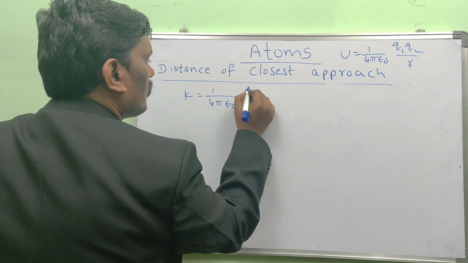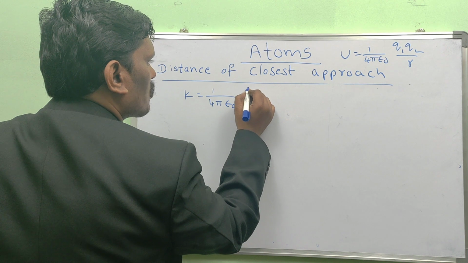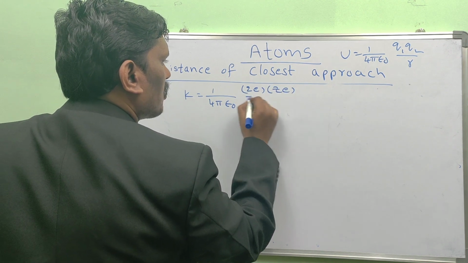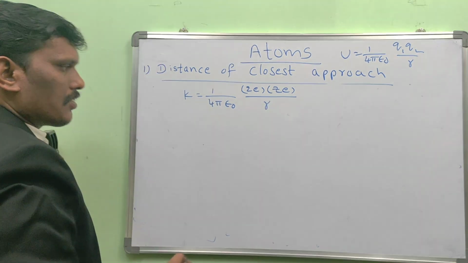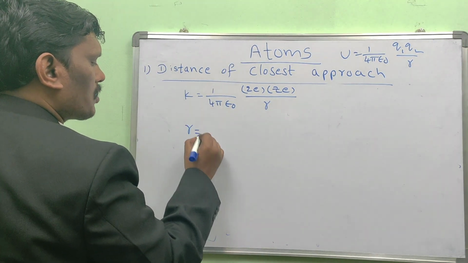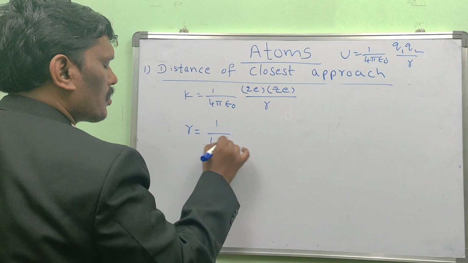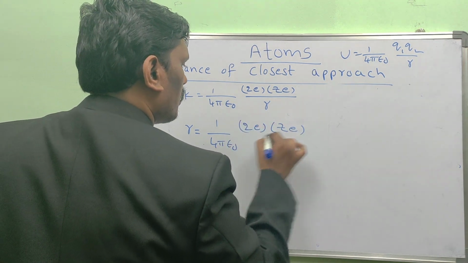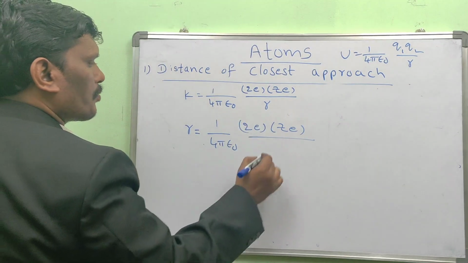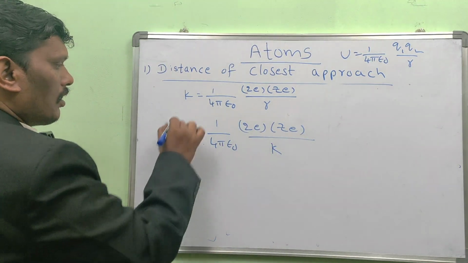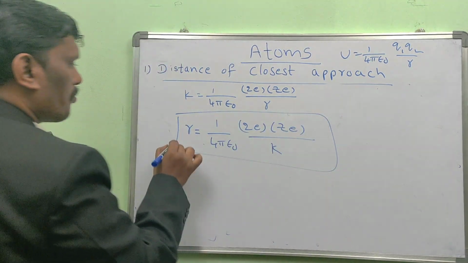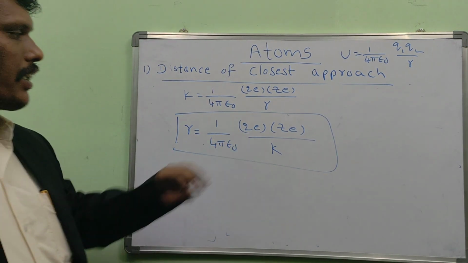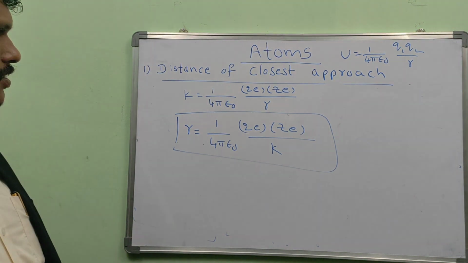For the charged particle, if it is an alpha particle, it means 2E. ZE is the nucleus charge, by the closest approach distance. If you require the closest approach, it means 1 by 4 pi epsilon naught 2E times ZE by kinetic energy, transposed to the right side. So this is the required formula we need to remember for the distance of closest approach. By using this formula, one can calculate the closest approach distance.